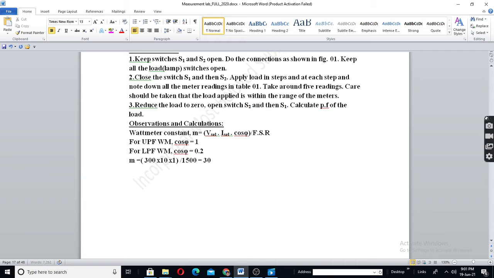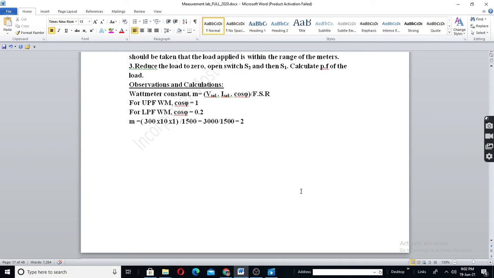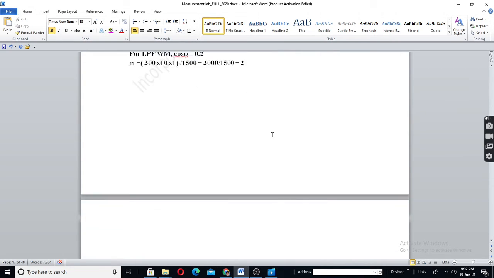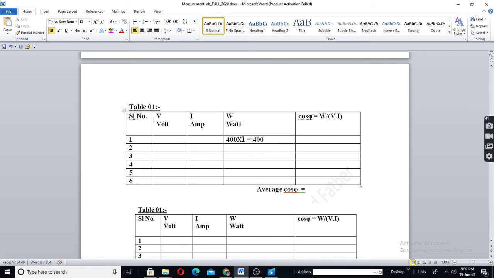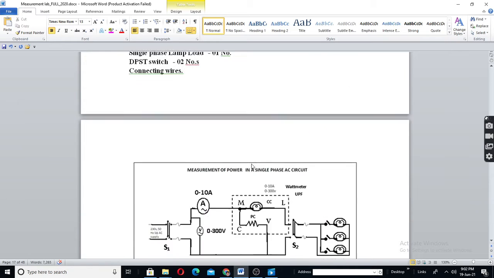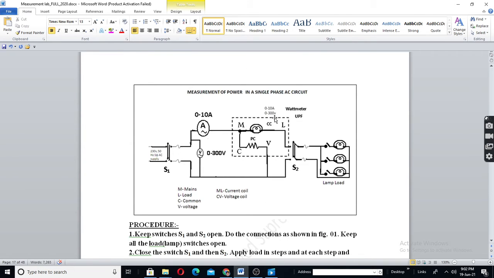So 3000 by 1500 will be equal to 2, which means the actual value is equal to the observed value multiplied by 2. So if you get 400, you should multiply by 2, you will get 800. In the lab, usually you will use 2 because you use 10 amps and 300 volts.